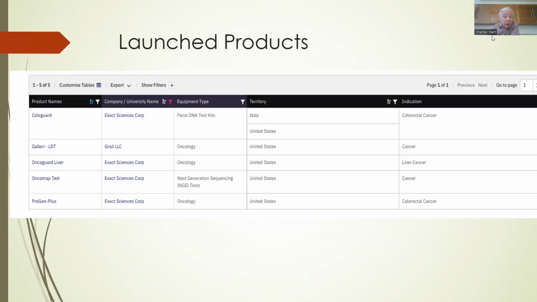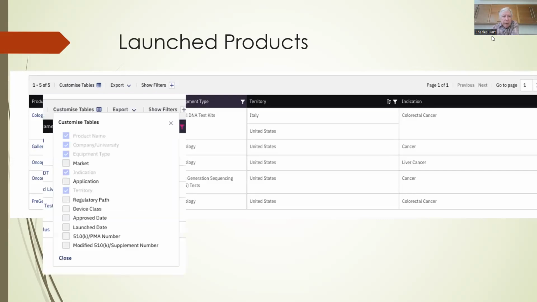And these are specifically, here, Sohaila's got the specific colon tests, like the one at the top, Cologuard, that you hear about on TV. Grail's got this lab developed test. Exact Sciences has a number of different tests. They've been acquiring companies and picked up a number of others.